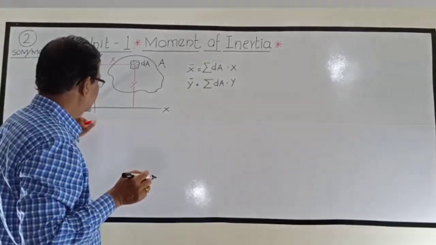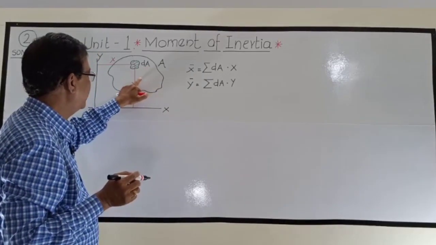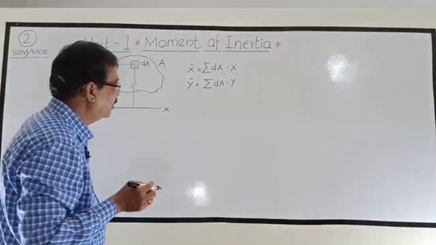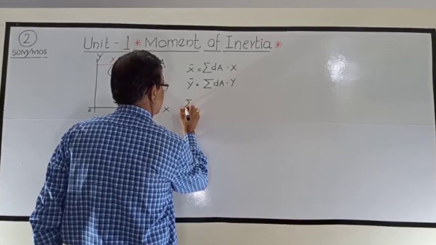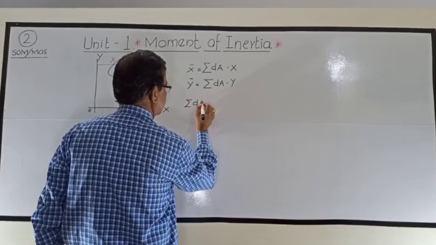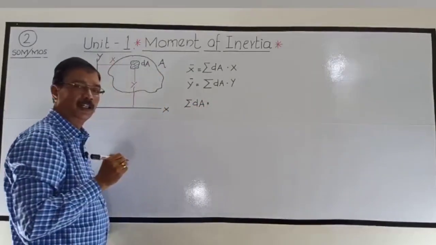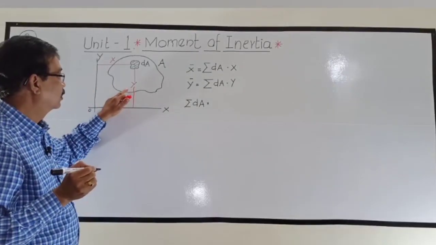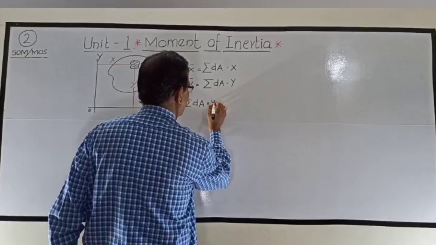Similarly, if you take the second moment about reference axis x, it is dA into y. Therefore, the summation of all elemental areas into y is the first moment, again into y is the second moment.